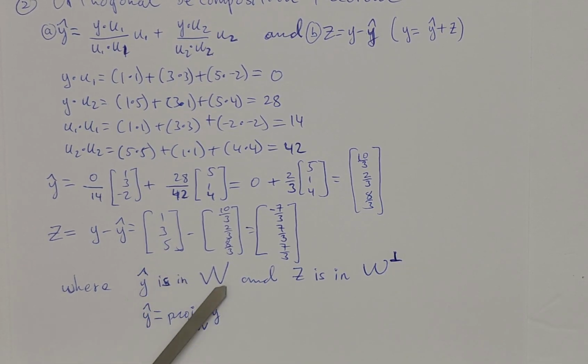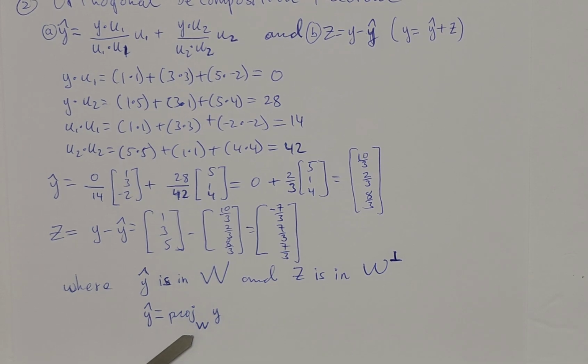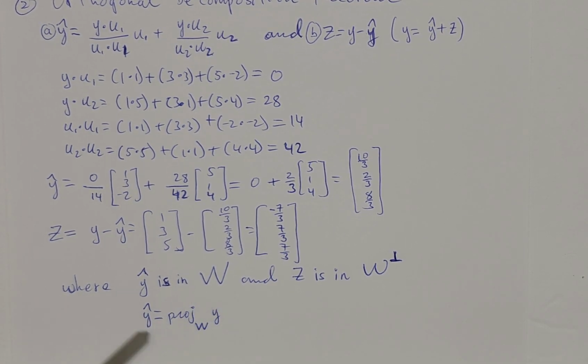Instead of saying Y hat is in W, we can write it in this format: Y hat equals the projection of Y onto W. So instead of saying this, we can rewrite it in this format. Later in other sections, if you see something like this, it means Y hat is in W, and this is how we read it: Y hat equals projection W of Y.